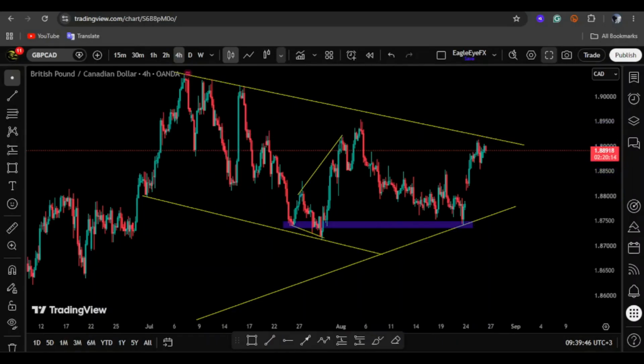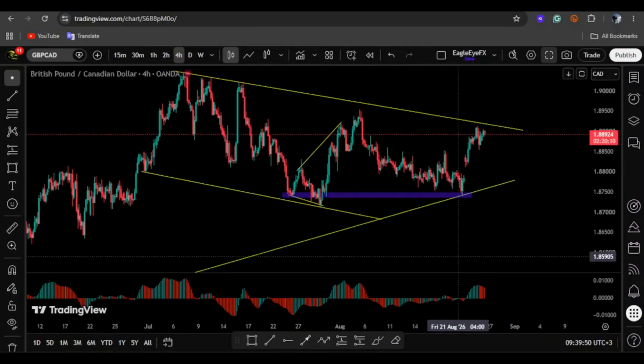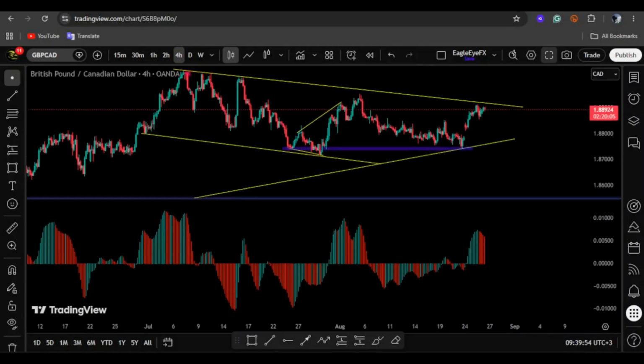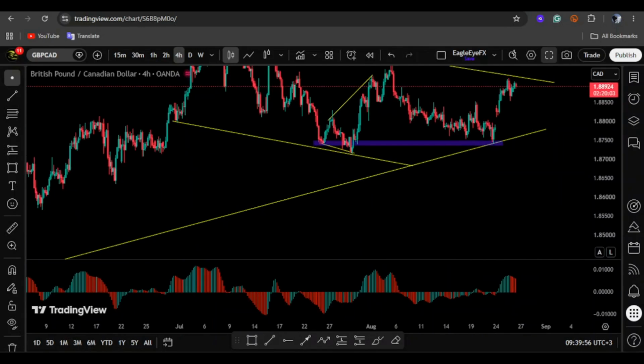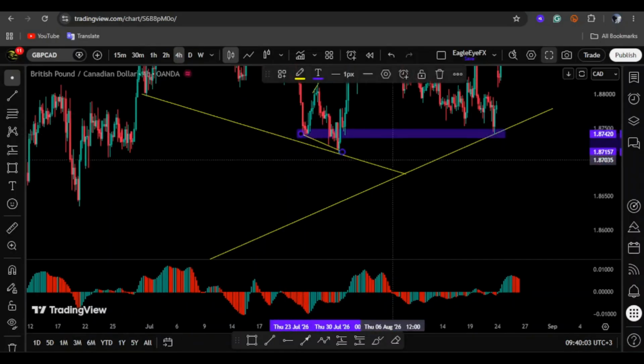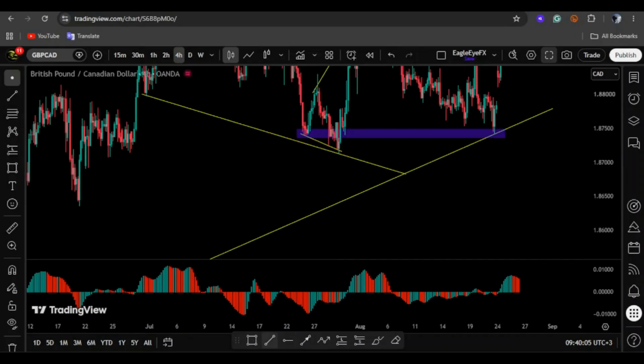So once you find that, then we want to go to our awesome oscillator. Remember, this is the indicator that we use to find our divergence, and you can see clearly here, as the market was giving us this lower low or our break of structure, what did the awesome oscillator do?